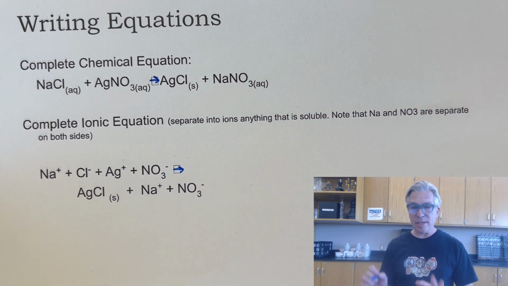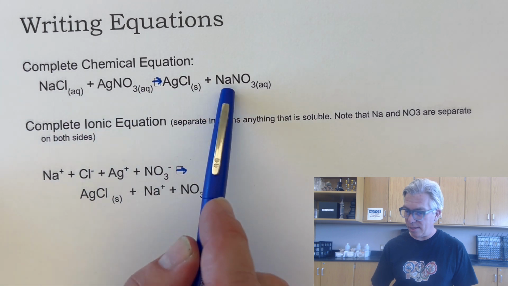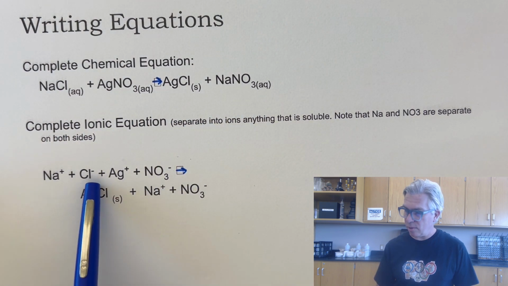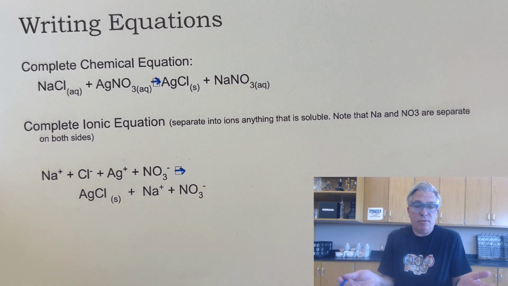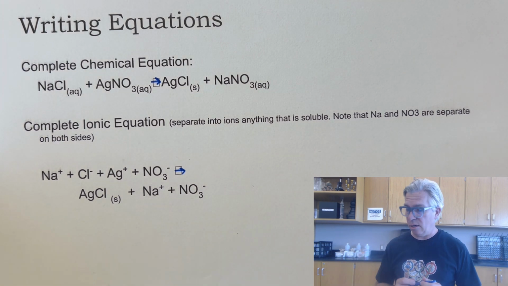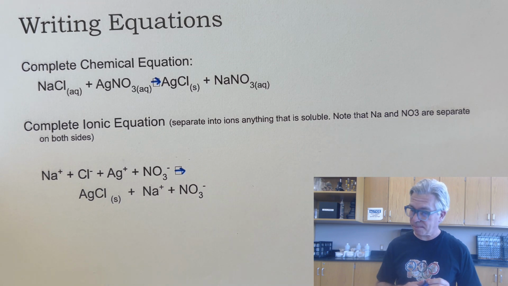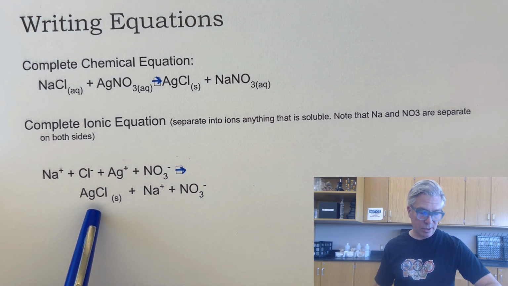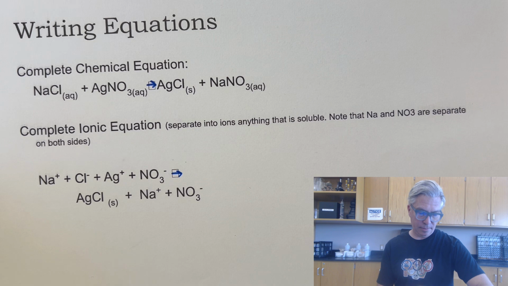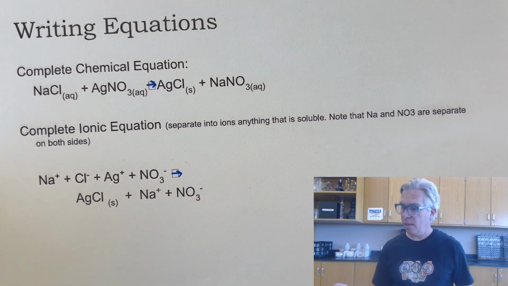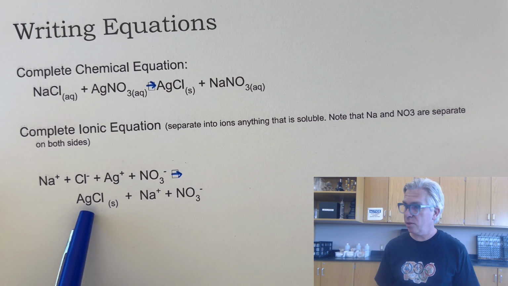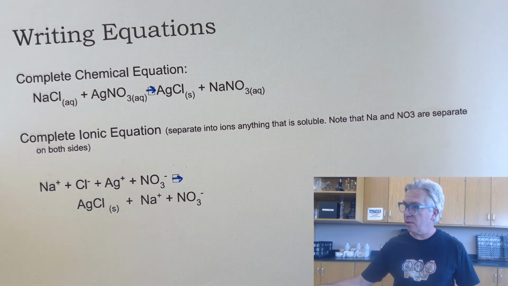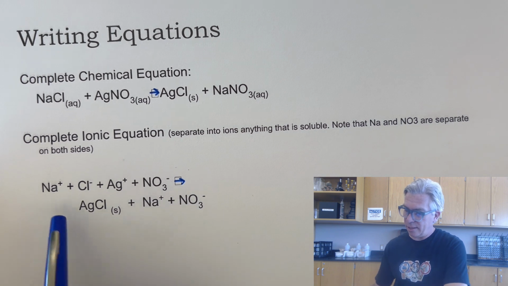Okay, so because they're aqueous, this one and this one, I am going to write them as separate ions because they're now independent of each other, floating around the solution, looking for a relationship. All right, silver chloride has already found its relationship. And so I'm going to write that together. So here's the deal. We are now going to look at the sodium.